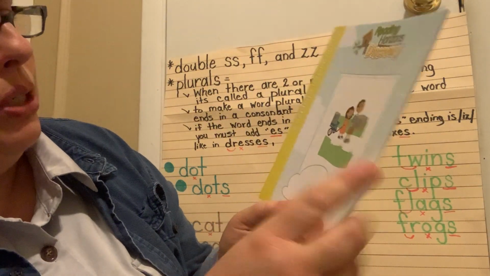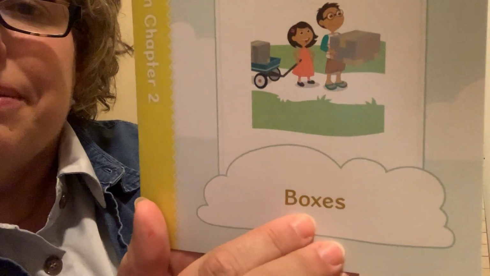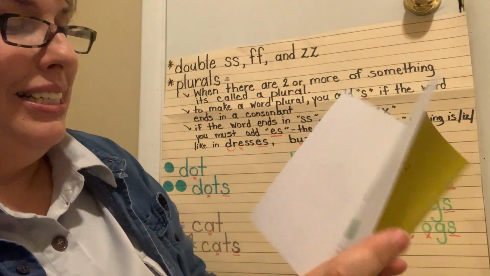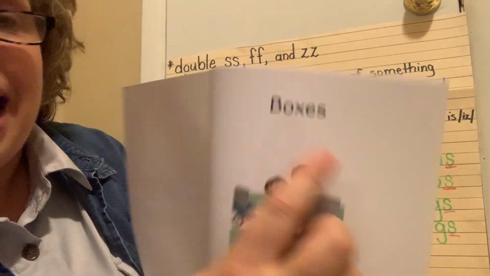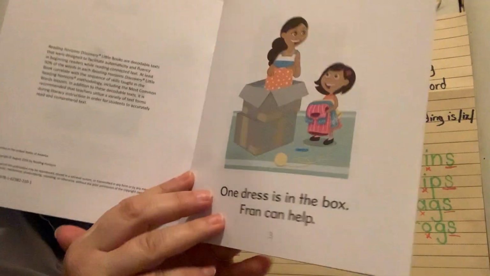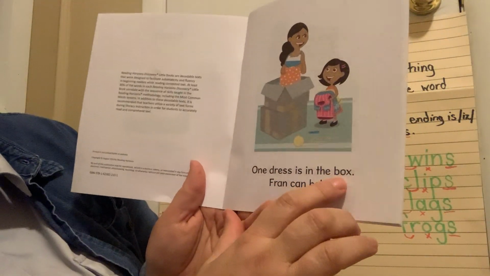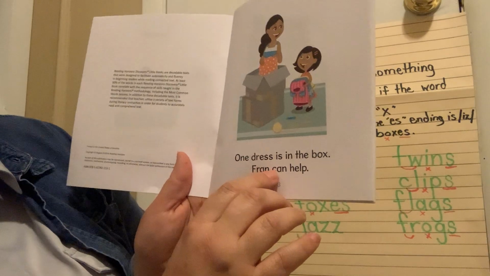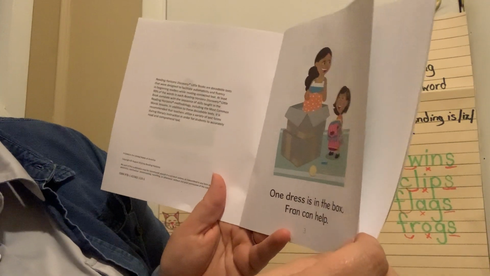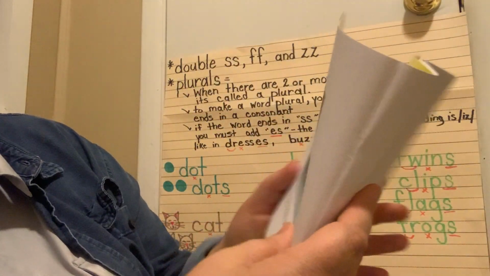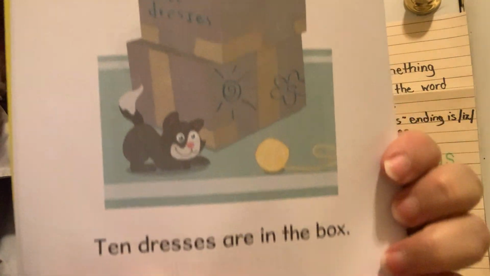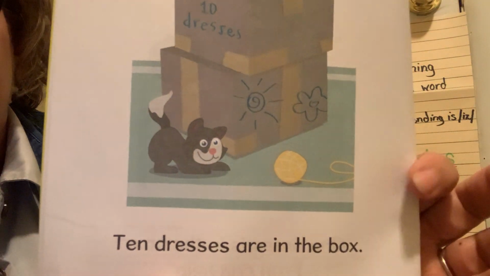The title of this book is Boxes. Boxes, just like we did right here. It has an X, so we had to add an ES. One dress is in the box. Fran can help. Wonder if they're moving or if they're going to have a yard sale or something. How many dresses? 10 dresses are in the box.